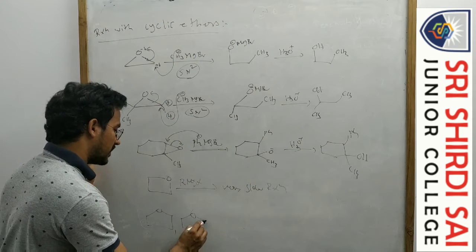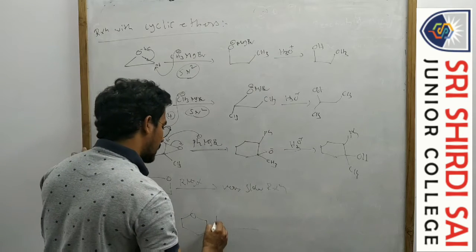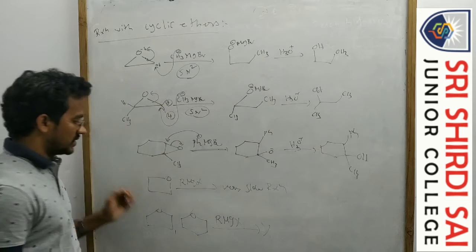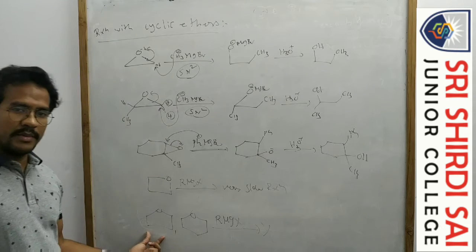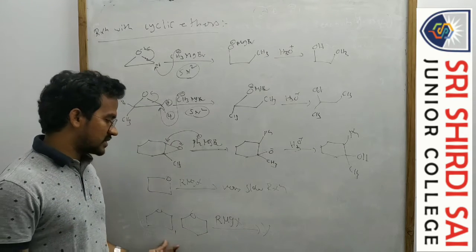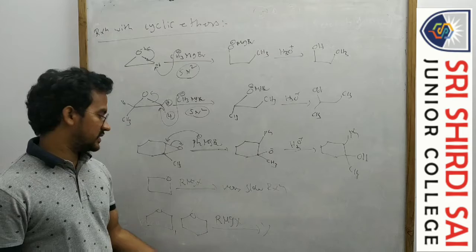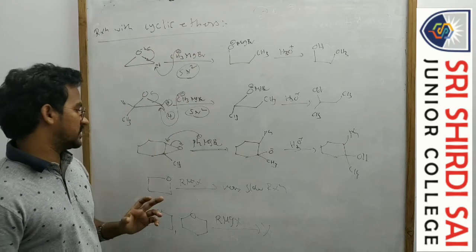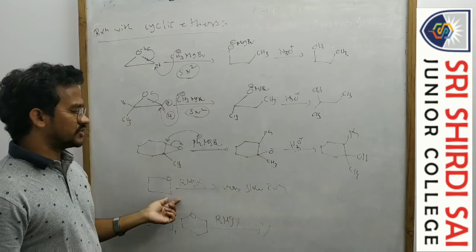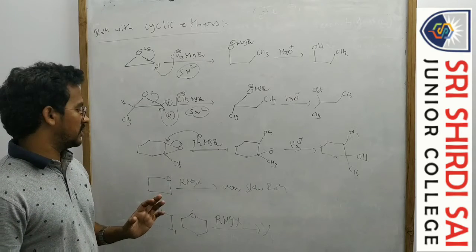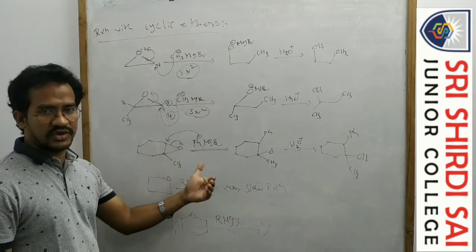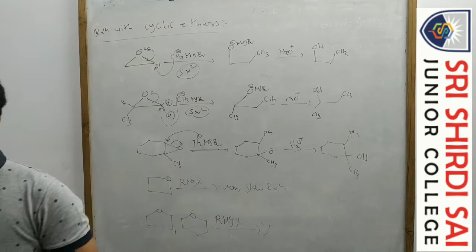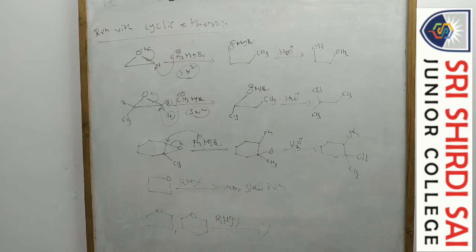For example, here a 5-member ring and a 6-member ring, treating with RMgX: no reaction because these are stable. 5-member and 6-member rings are stable, so no reaction with Grignard reagent. But here the 3-member ring is very unstable, so that can react with the Grignard reagent, and the 4-member ring is also a very slow reaction. Of course, if we increase the temperature, that also reacts with the Grignard reagent. That's it. Cyclic ethers.